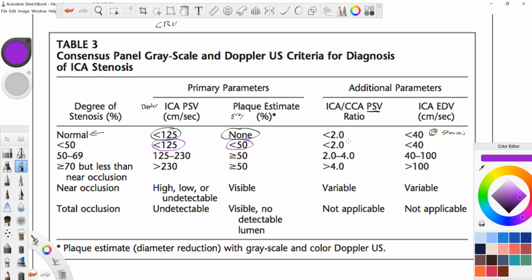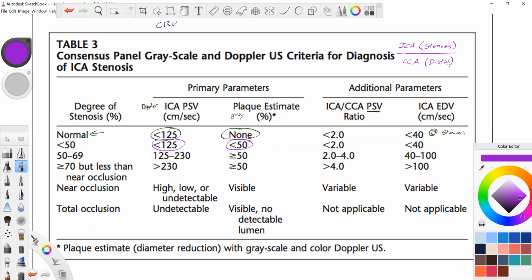The ICA-CCA ratio, that is the ICA at the stenosis divided by the CCA, usually, preferentially, distal. Doesn't have to be distal.